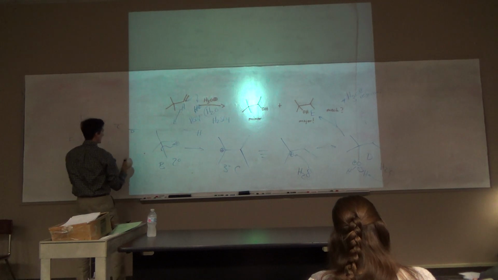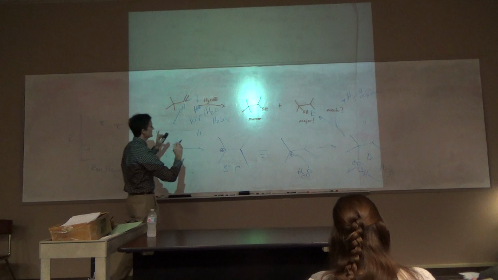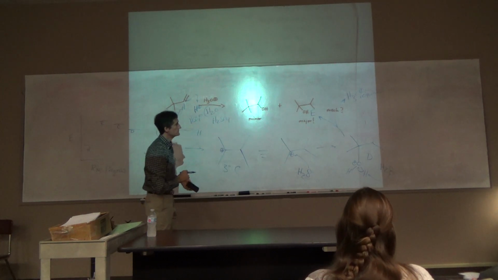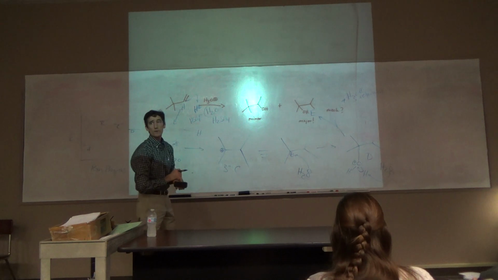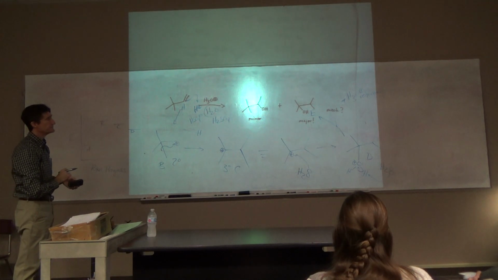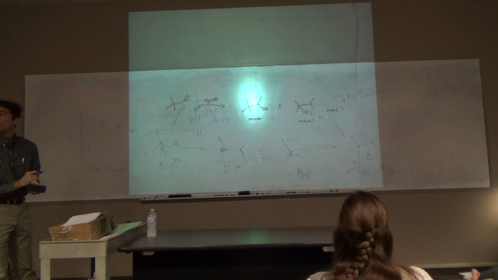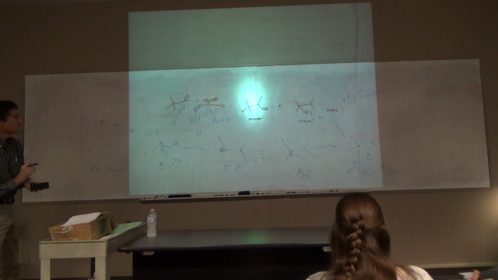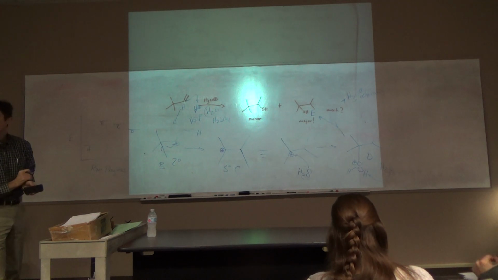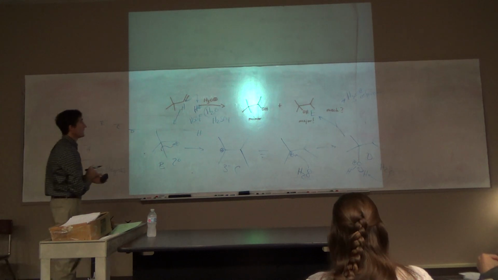And then we get to what's final? E, which is, how does it compare to A? Pull out your calculator and look at bonds broken, bonds formed. What do you think, though? Why lower? I can't hear you.